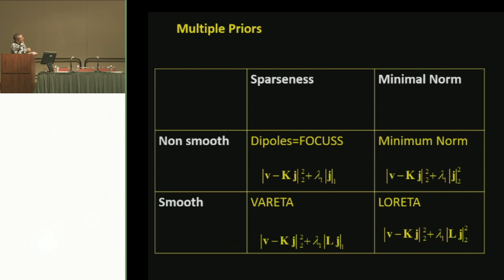You have sparseness, which is called mathematically L1 type, and then you have the L2 norm. If you fill this table here, you have FOCUS, which is one of the software packages that we use. You have the minimum norm as introduced by Williamson a long time ago, and Andreas Ioannidis, and we have Loreta from Roberto Pascual, and then you have here what Pedro named Vareta. Some people use the names of their children, and this has been a tendency, right?